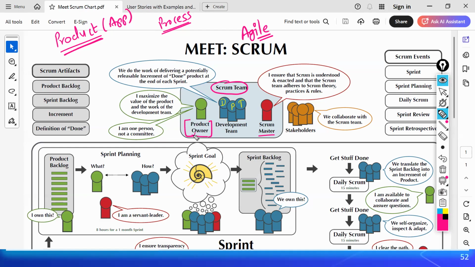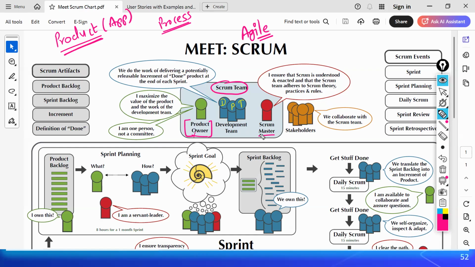And the other answer was also correct, because these are the things this product owner is going to do. He's responsible for the overall application delivery and development. He's not going to develop the application, but is responsible for keeping track of it. And this is just one person, not a group of folks.